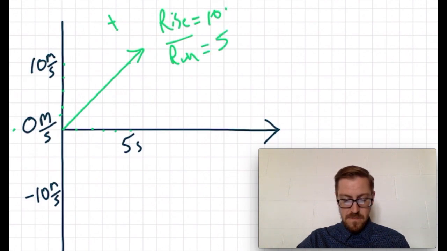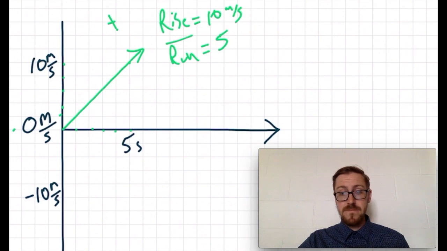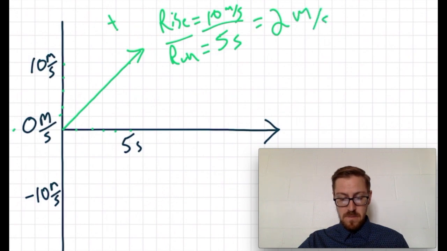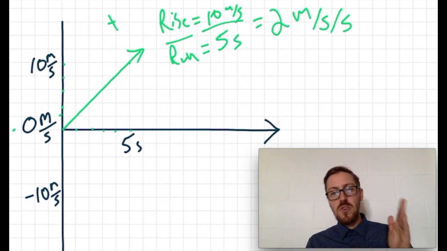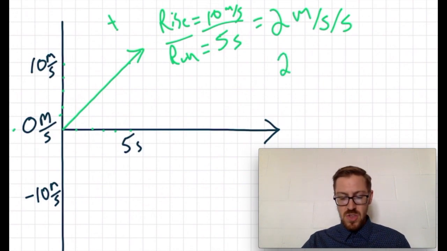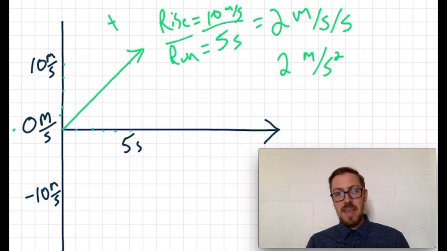So this is 10 meters per second over 5 seconds. 10 divided by 5 is 2 meters per second is our unit. So what this means is that our car gains 2 meters per second every second. Another way to write this would be 2 meters per second squared. Same thing.